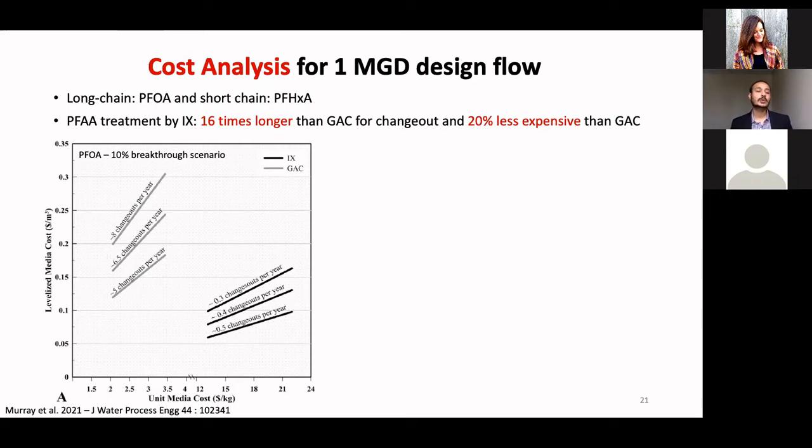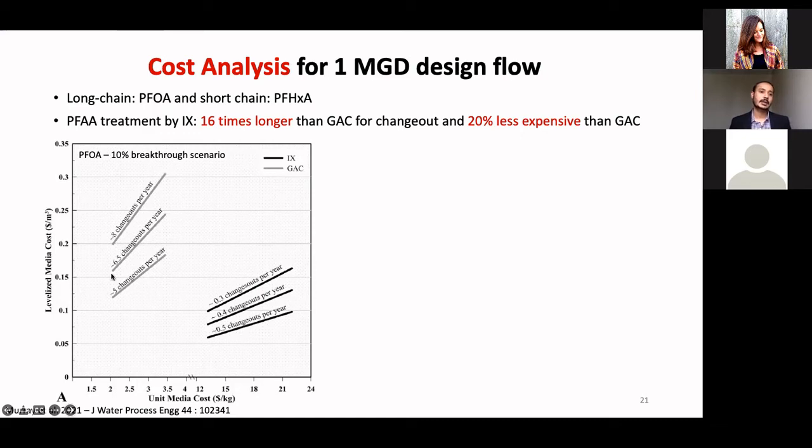What the study found was that the ion exchange resin lasted 16 times longer than granular activated carbon for treatment of PFAS, meaning the activated carbon will have to be replaced 16 times quicker than the ion exchange resin to maintain the same treatment goals of PFAS. And overall, ion exchange treatment was found to be 20% less expensive than GAC, at least in the scenario that they analyzed. This is summarized really well in the figure on the left.